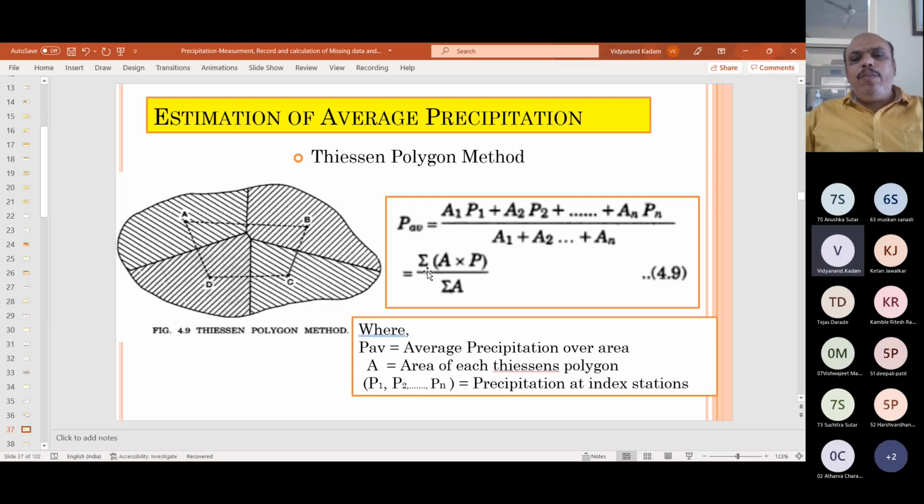P average is equal to summation of A into P upon summation A, where A is the area of each Thiessen's polygon, summation A is the total area, and P is the rainfall value at a particular rain gauge station.